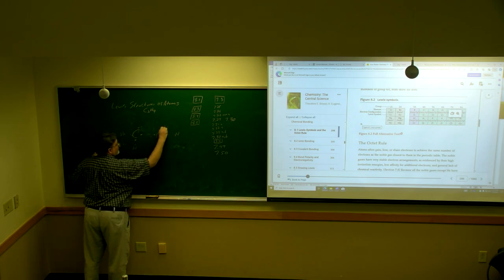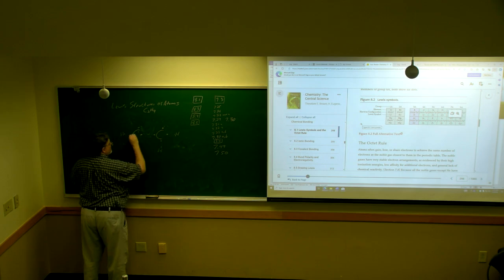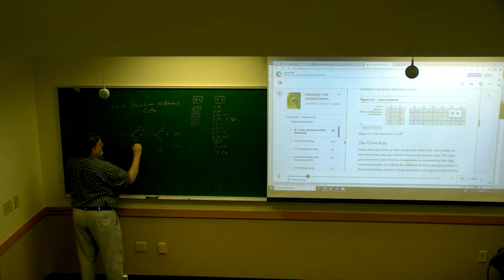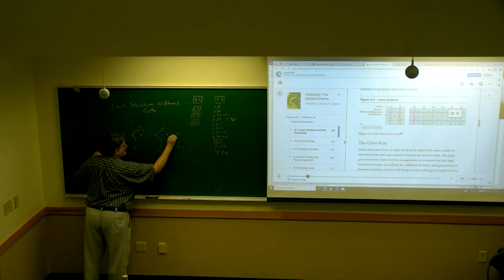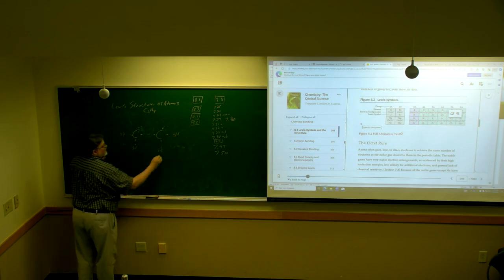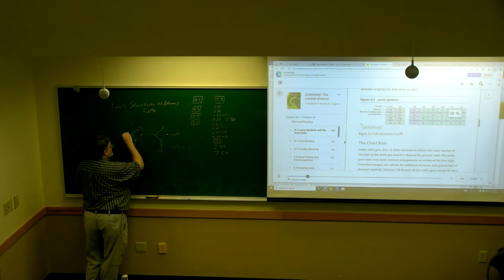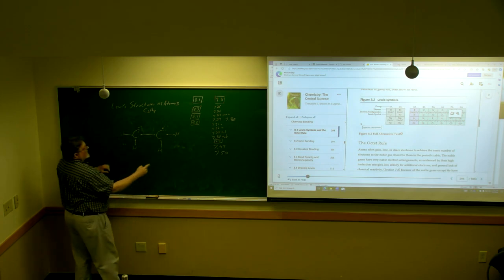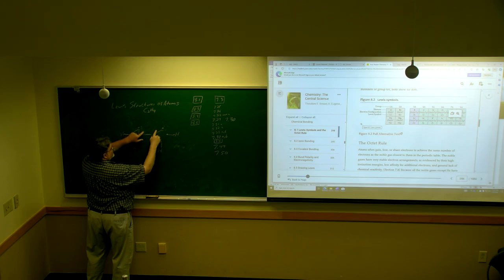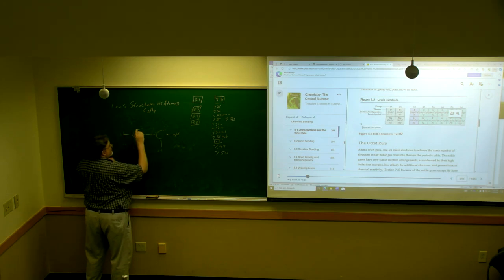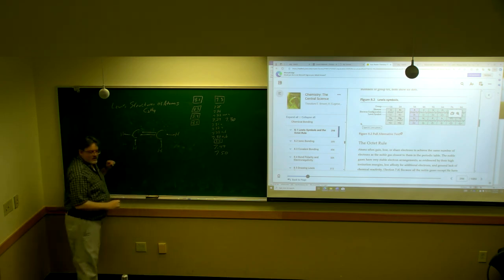So there's my 4 electrons around carbon, and here's the 4 hydrogens I'm going to work with. I can make a bond like that, like that, like that, and like that. And now I have these 2. I can take these and slide them down here like this. That's called a double bond.